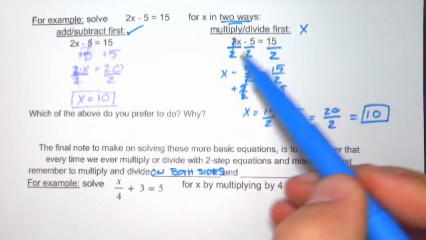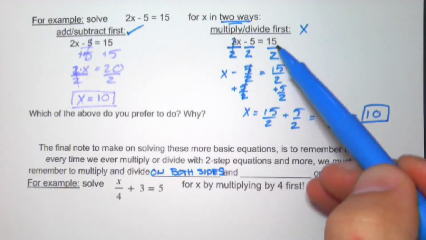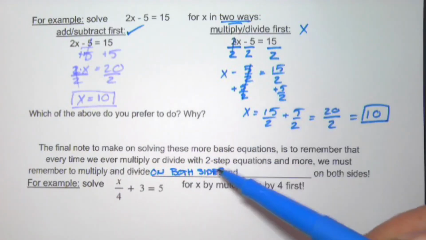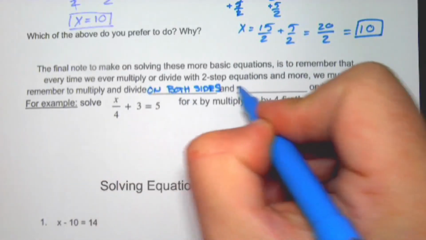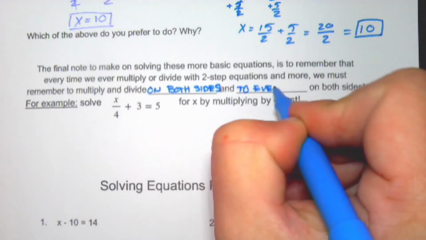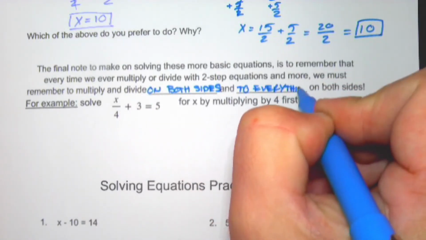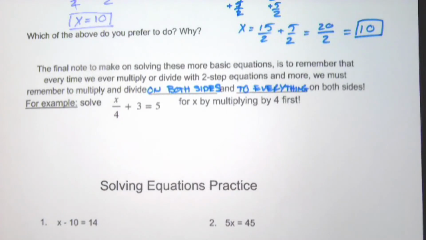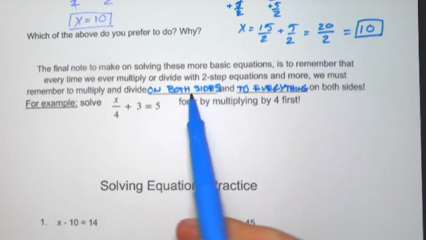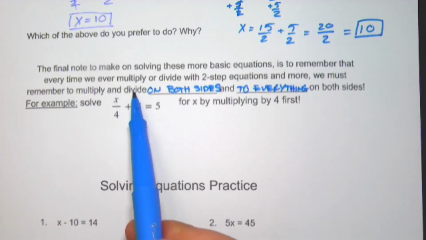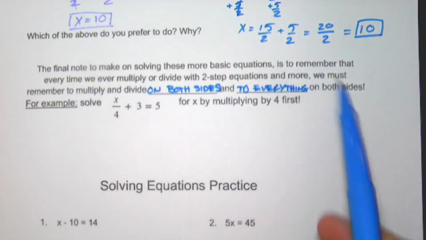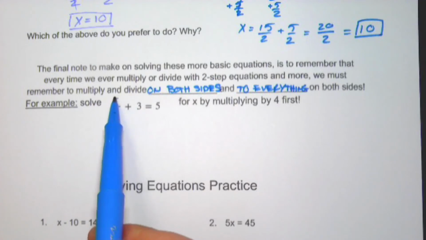So as we did here, we divided that 2x and the 15, but it's not just on both sides, it's everything on both sides. So on both sides and everything on both sides. And that's the real kicker when it comes to multiplication and division. If we don't do addition and subtraction first, we have to remember this note right here.